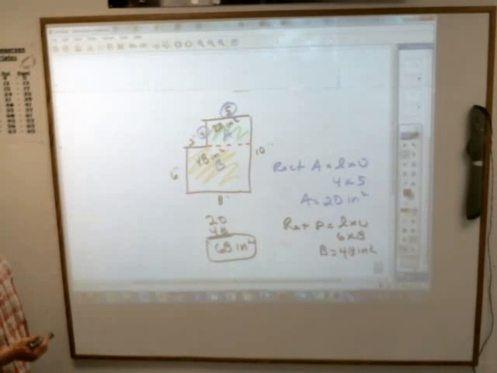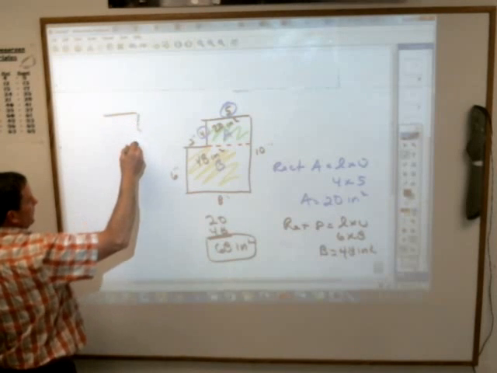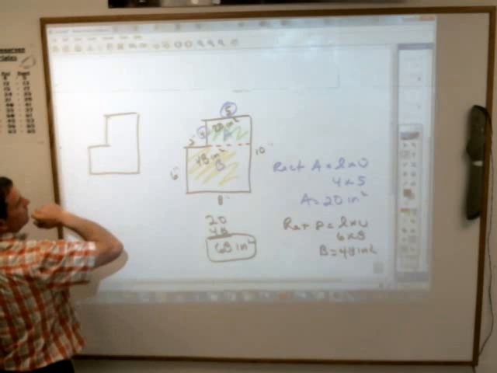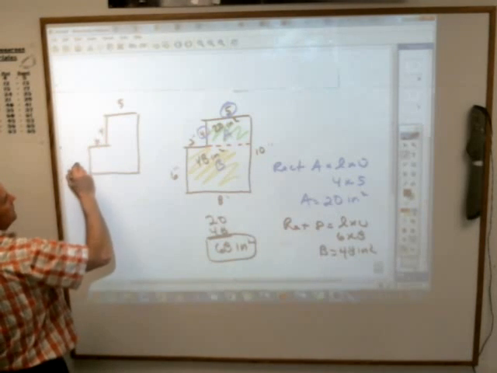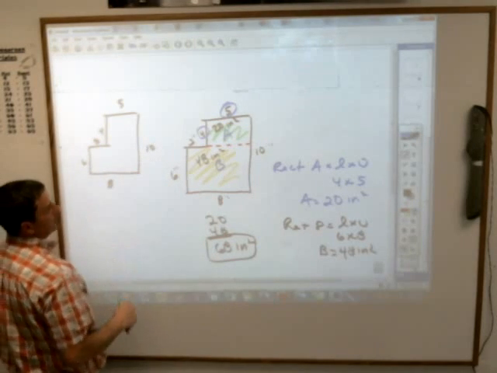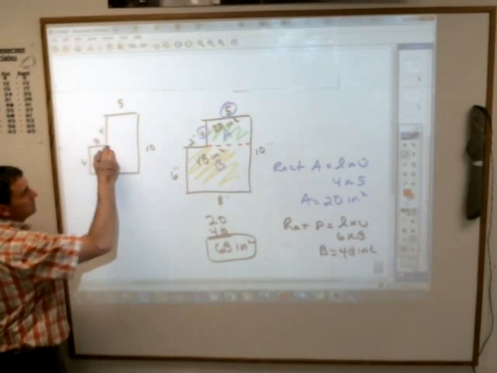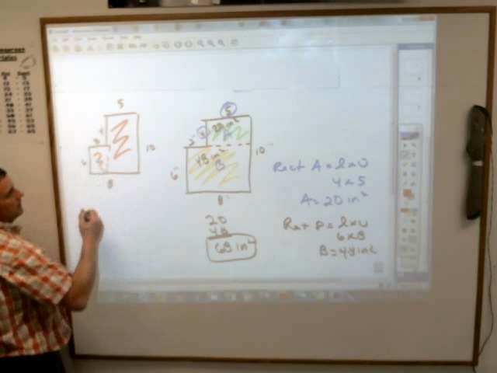Now let's just hypothetically say, let me draw the same thing just to show you that it doesn't matter which way you cut it. I've got my same shape here, that's 5, 4, 3, 6, 8, and 10. Let's say Jacob told me to cut it going down, like this, so I've got this rectangle and this rectangle.